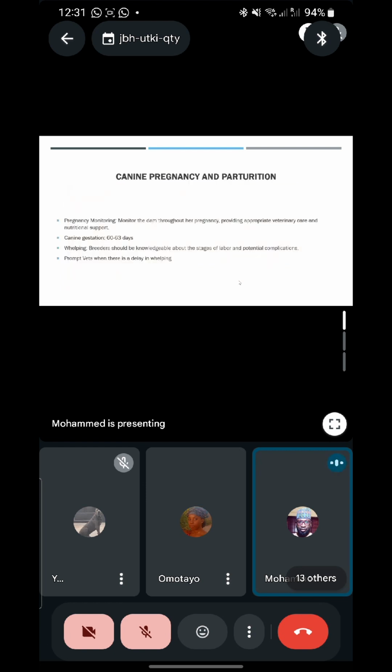So after that, getting the dog pregnant, usually there are two main methods. The first one is through natural breeding, in which you select the male dog and then ensure that the female dog is on heat before you breed her.